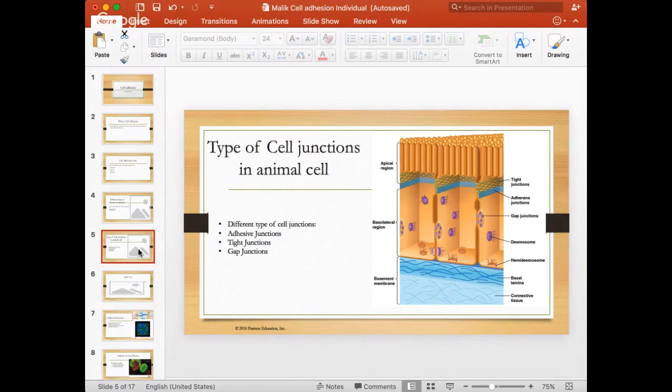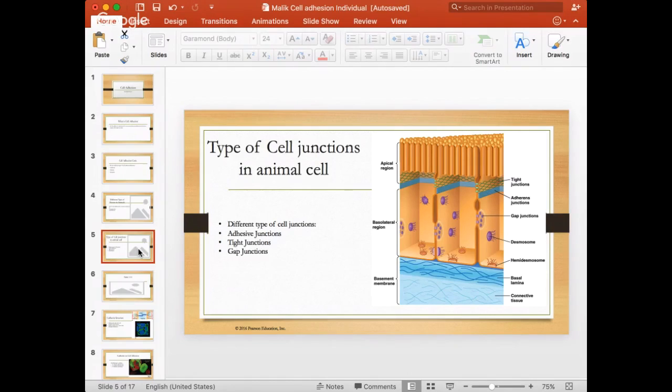We then have the tight junctions that keep the animal cells tight and prevent molecules from passing through the epithelial cell layer through the spaces between the adjoining cells. Also, the gap junction is just a connection between two adjacent cells so that ions and small molecules are able to pass.